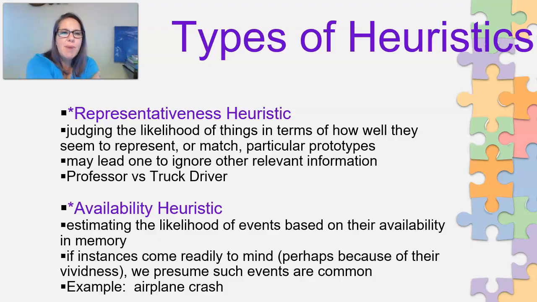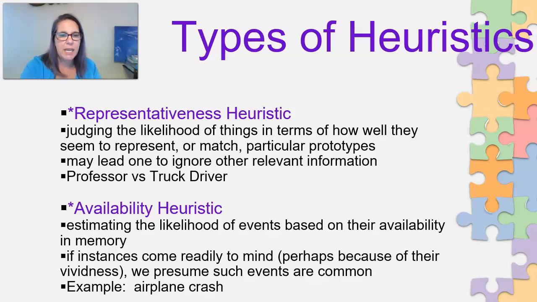So this might lead you to ignore other relevant information, like our example of the professor versus the truck driver. We're judging the likelihood of someone being short, slim, and liking poetry. The likelihood is they're a professor, when really we ignore the fact that there's probably a very, very small number of humanities professors out there.